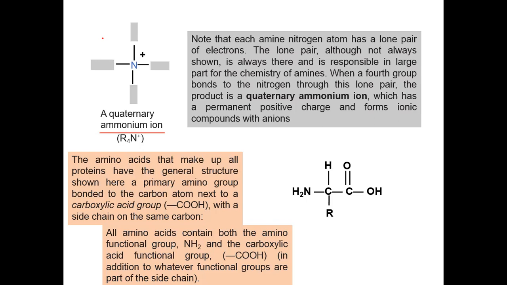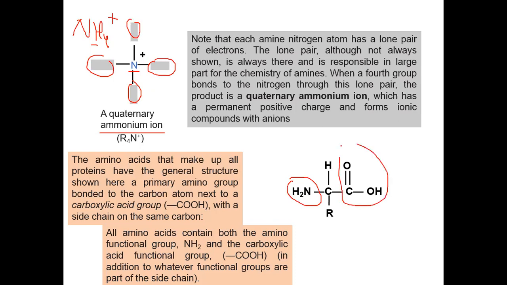See, this is organic group, organic group, organic group, organic group, and it makes nitrogen plus. So it's the same as NH4 plus, but instead of hydrogens, there are organic groups. By the way, we'll talk about carboxylic acid, but the amine group is a part of amino acid. So in amino acid, we have a carboxylic group and an amine group.